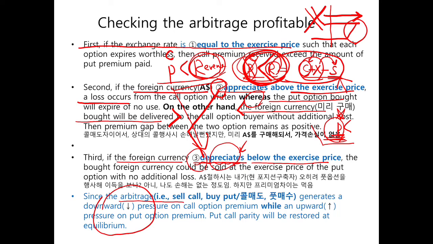Basically in this option market, you are selling the call and buying the put option. So a lot of selling pressure is put on the call option. If the sellers dominate the buyers, the price of the target asset will fall. So the call option premium will fall.